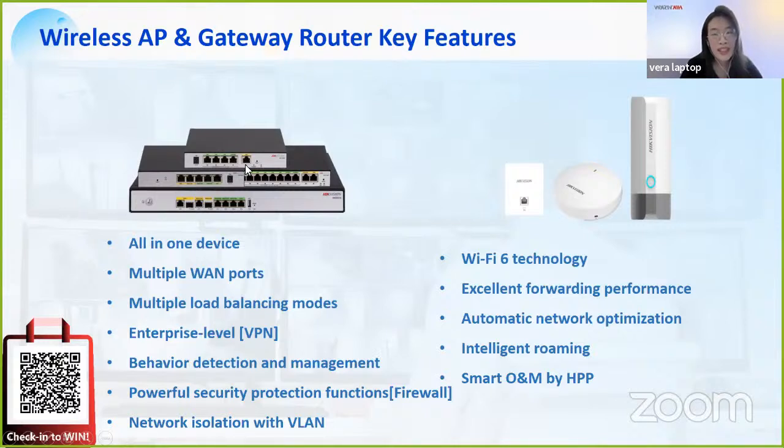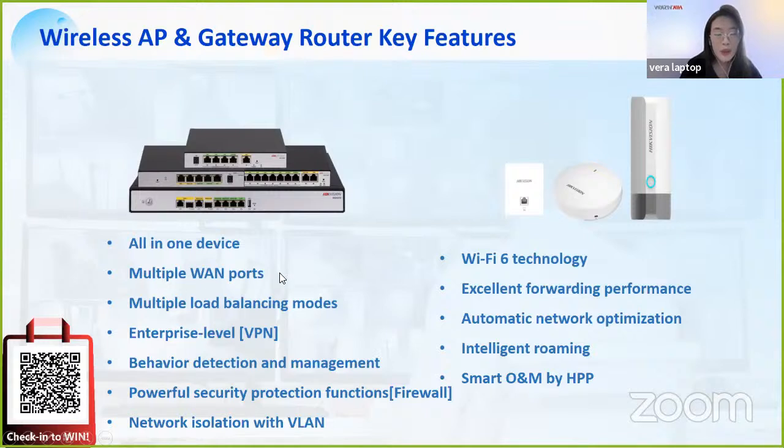So this can be considered a controller for the AP. Besides, it can play the role of the gateway. And last, it can also be used as a switch. We can do the connections, and some of the modules support PoE functions. So multiple functions can be combined into one device. We call this an all-in-one device.